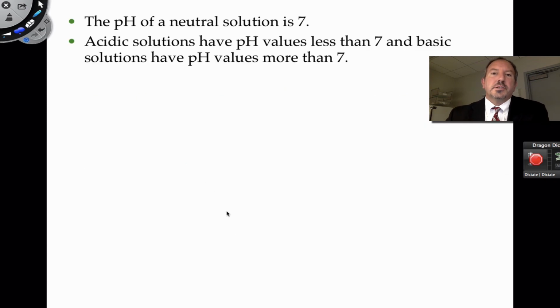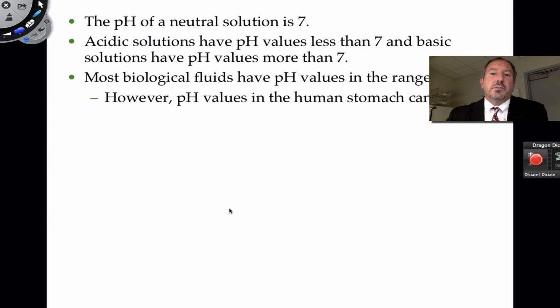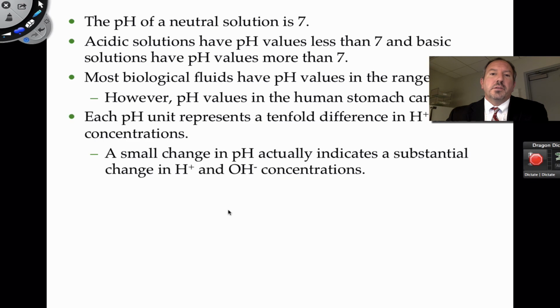So the pH of a neutral solution is 7. Acids have values less than 7, bases have values more than 7. What you have to understand is that the change from one number to another is really a tenfold difference. You're moving the decimal over, so this can be a big change. It's a huge change between 5 and 4, and 4 and 3.